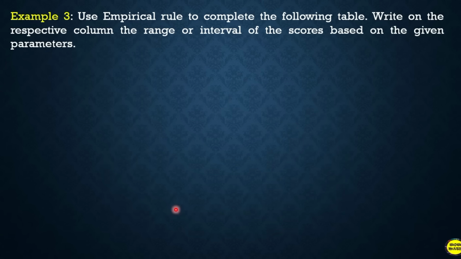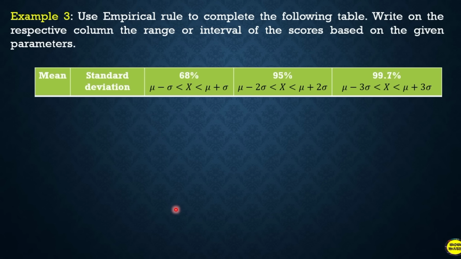So another example, use the empirical rule to complete the following table. Write on the respective column the range or interval of the scores based on the given parameters. So kukunin natin yung 68%, 95%, and 99.7%. Na interval. So for letter A, ang given nating population mean is 20 and standard deviation is 2.